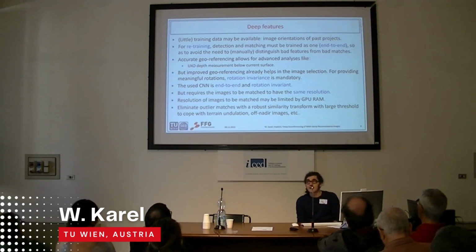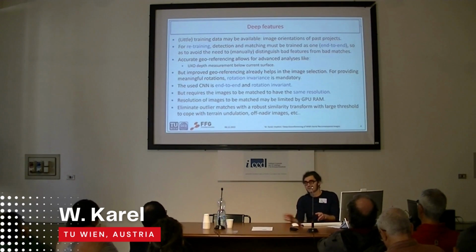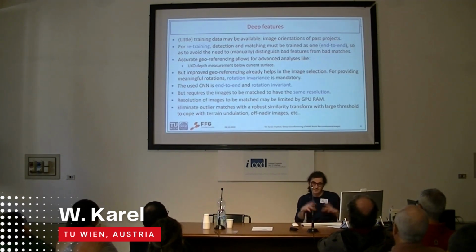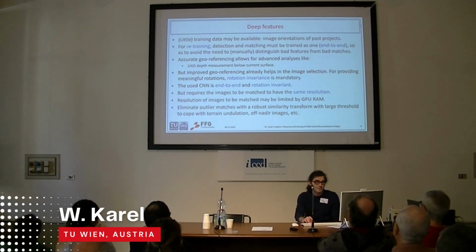Now, if we aim at retraining a certain CNN, then in my opinion, the matcher that we train must be end-to-end, meaning that we don't have this two or three step approach where we first detect points and then describe them and then match them, like in the very classical SIFT case. It must be one network, in order to not be forced to distinguish bad features from bad matches.